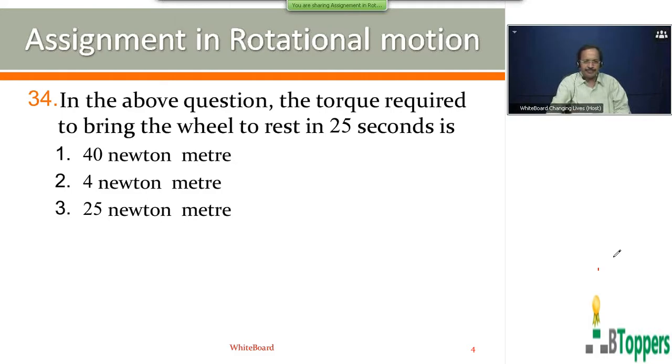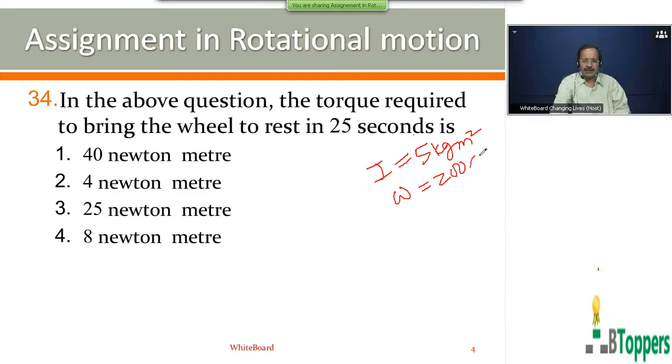For question number 34: in the above question, find the torque required to bring the wheel to rest in 25 seconds. The moment of inertia of the wheel is 5 kg meter square, and the angular velocity acquired by the wheel is 200 radian per second. So torque is equal to I alpha.